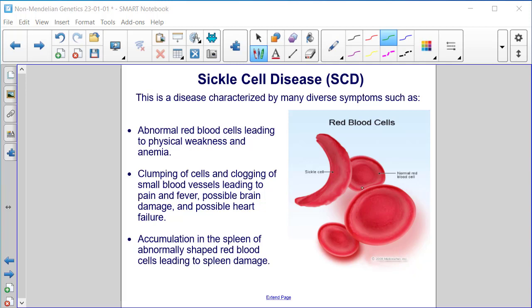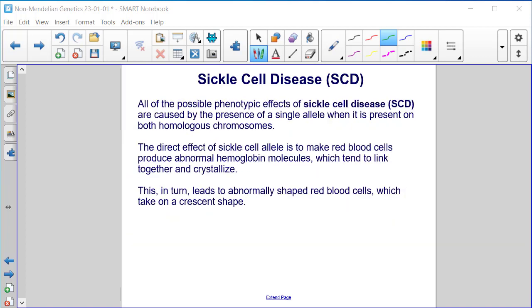You can see the shape of a normal red blood cell here and the shape of a sickle-celled red blood cell here. All of the possible phenotypic effects of sickle cell disease are caused by the presence of a single allele when it is present on both homologous chromosomes.